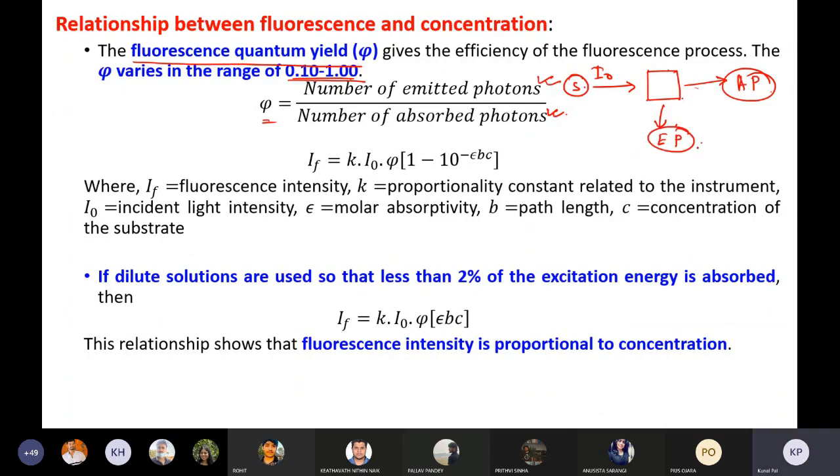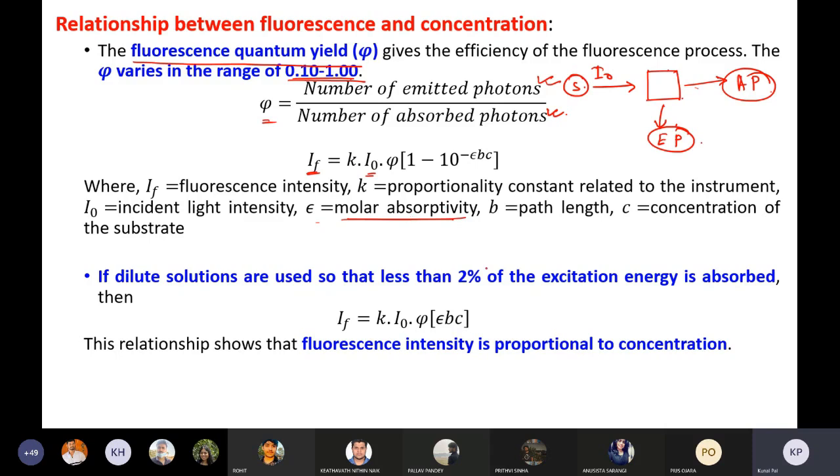Okay, and fluorescence intensity is given by K multiplied by I0 multiplied by psi, which is the fluorescence quantum yield, multiplied by (1 minus 10 to the power minus epsilon bc), where epsilon is the molar absorptivity of the analyte which is under analysis.